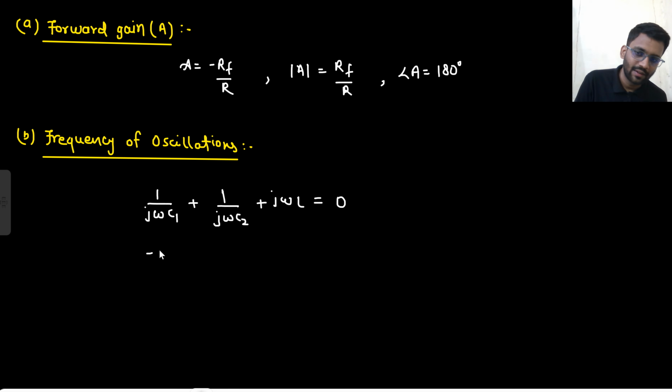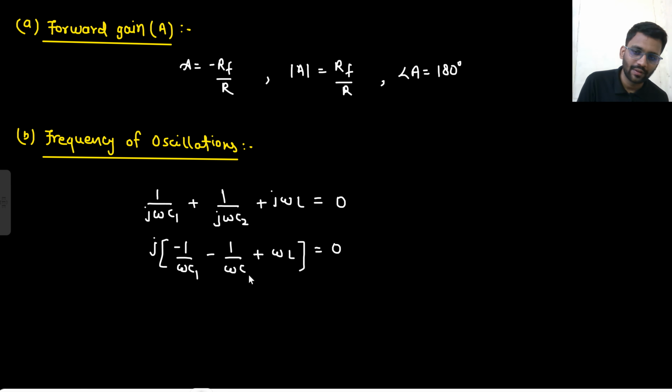Now what can I write? I am taking j as common. So what I will get? Minus 1 by omega C1 here, minus 1 by omega C2 here, plus omega L, equals to 0.